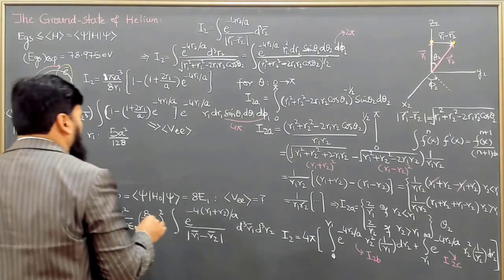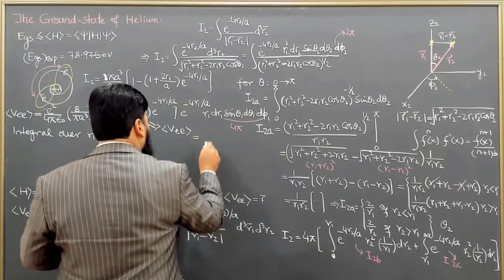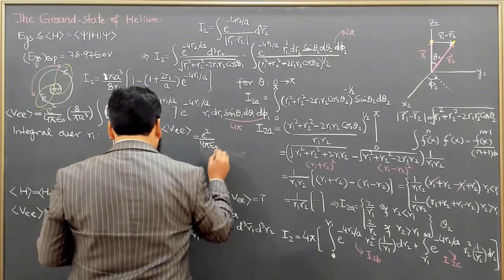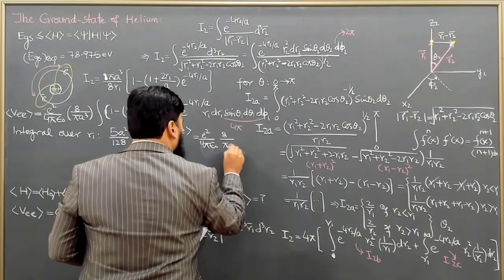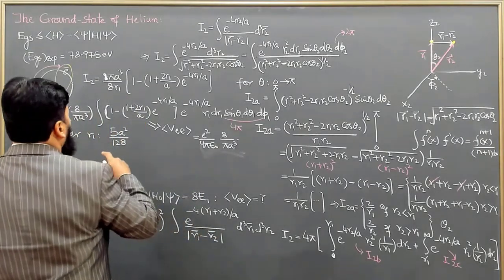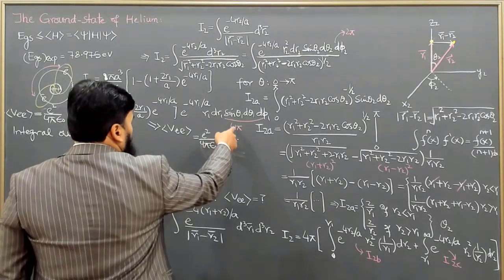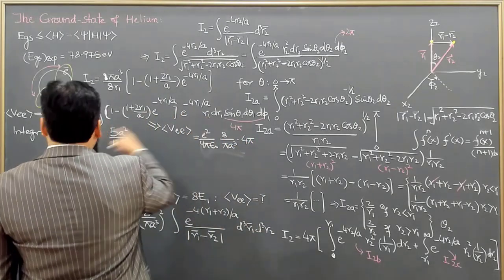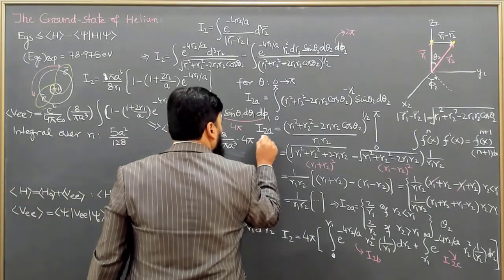So we can write our V_EE to be equal to e square over 4 pi epsilon naught, and then 8 over pi a cube. Then we have the 4 pi from the angular part, and then the integral over r1 gives us 5a square over 128.